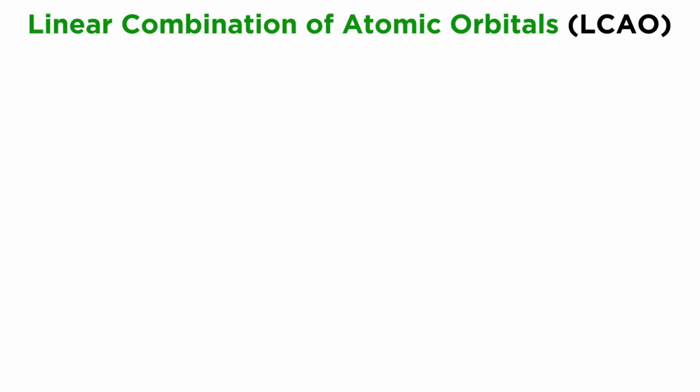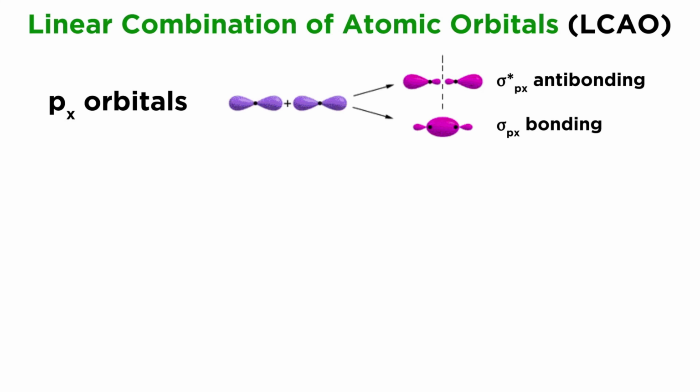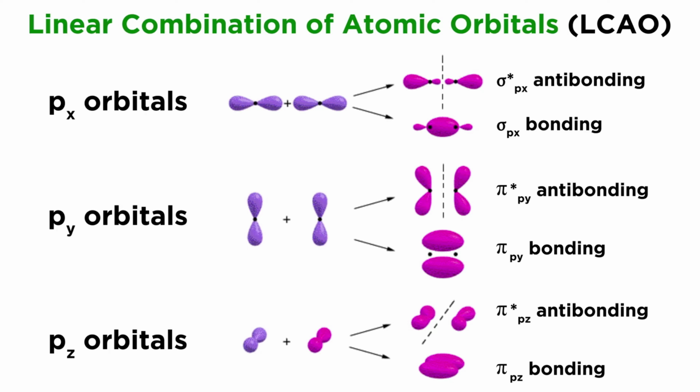We can do the same thing with p orbitals, utilizing direct overlap, which will yield sigma px and sigma px star molecular orbitals, or lateral overlap, yielding pi and pi star molecular orbitals from the overlap of py and pz atomic orbitals.